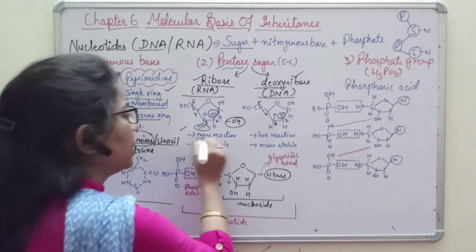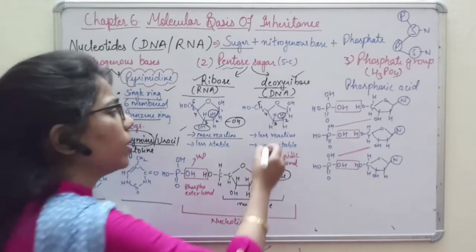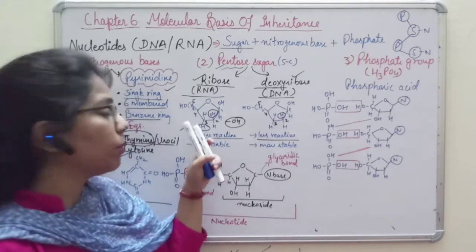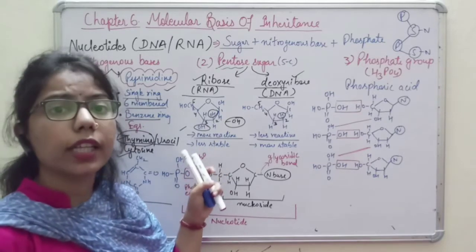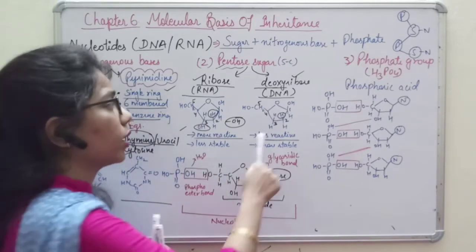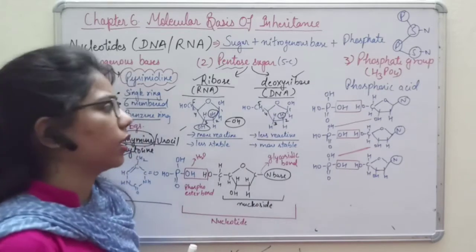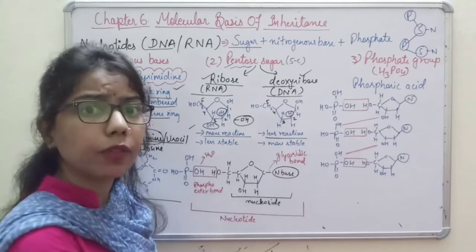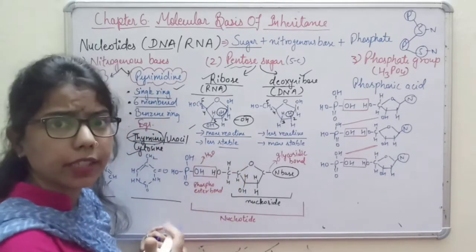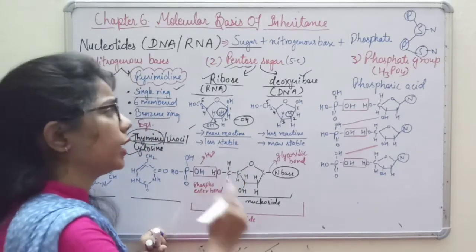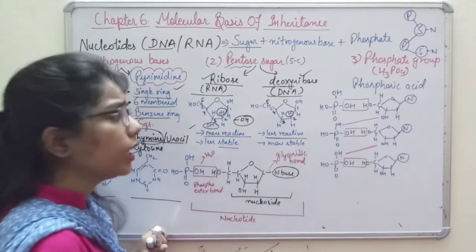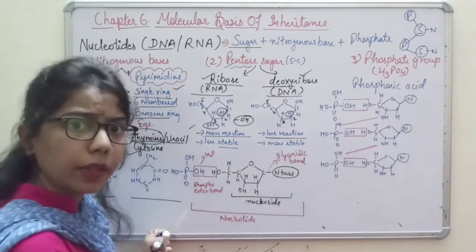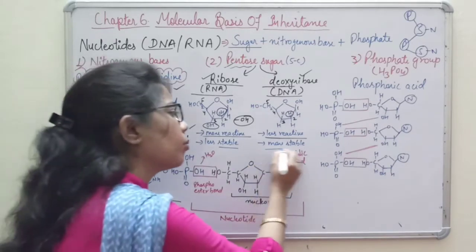And those having fewer hydroxyl groups will be less reactive. Ribose sugar will react more, and deoxyribose sugar will react less. So if it is more reactive, what is more reactive will be less stable, because it reacts more so stability decreases. And here, if we talk about this DNA, it will be less reactive, because hydroxyl groups are fewer, so it will be less reactive and more stable.